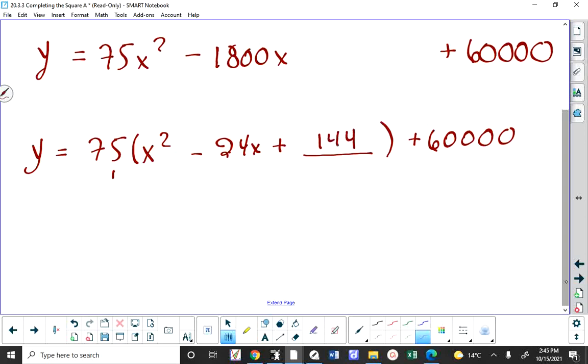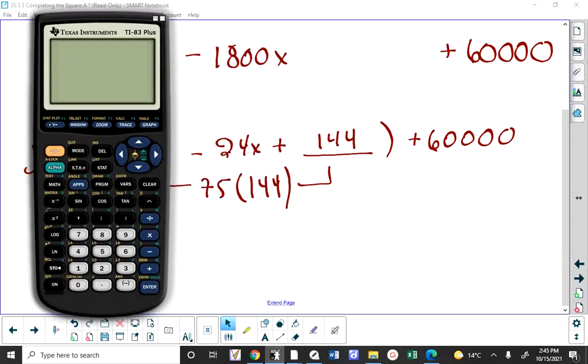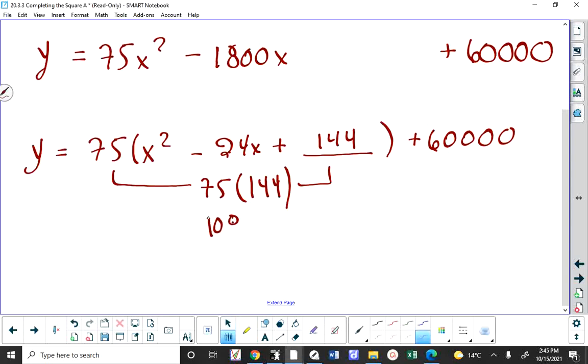Now I need to multiply these two to get 10,800. And since I've really, in effect, added 10,800, I need to subtract 10,800.